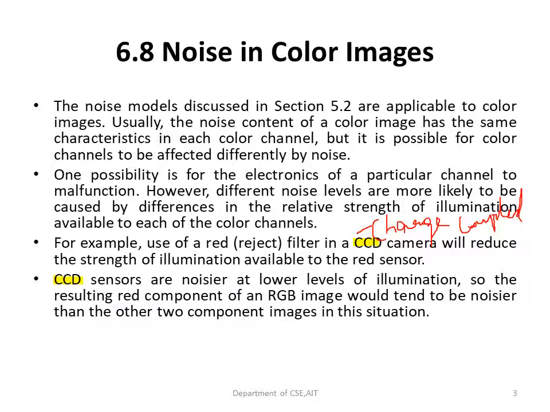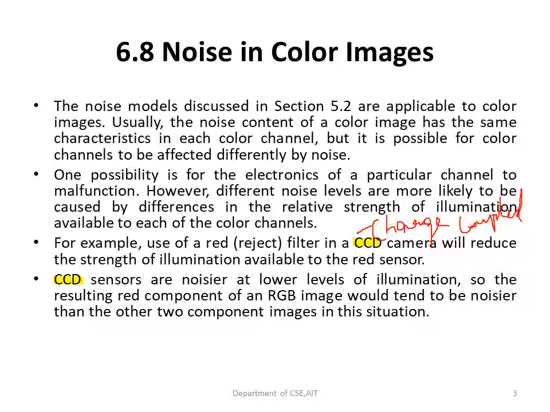If I am going to capture an image by using this CCD camera, then it is going to reduce the strength of the illumination which is available to the red sensor if I am using a red filter. So if this CCD camera is using a red filter, then what will happen? The resulting red component in the RGB image will have more noise.